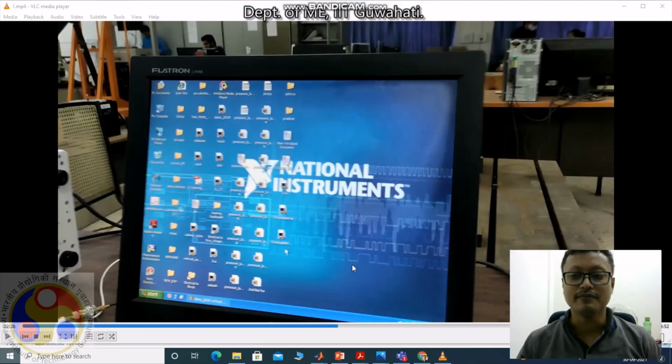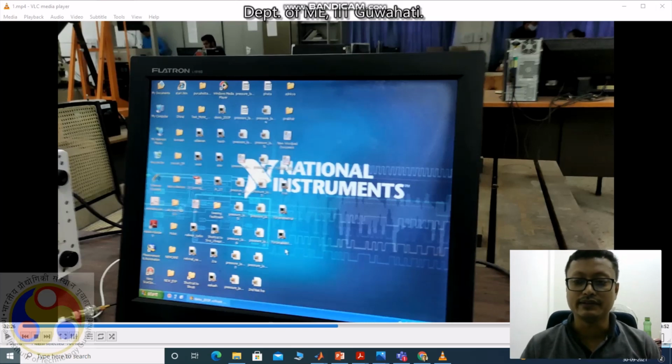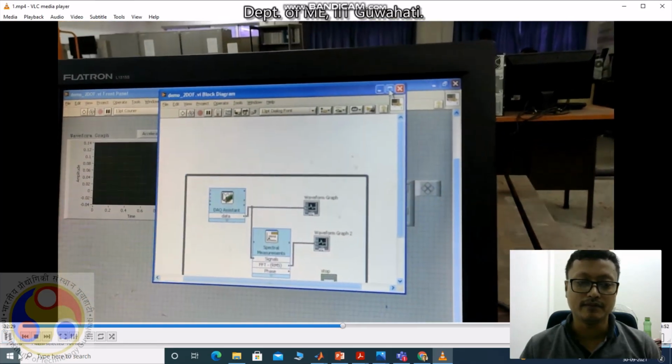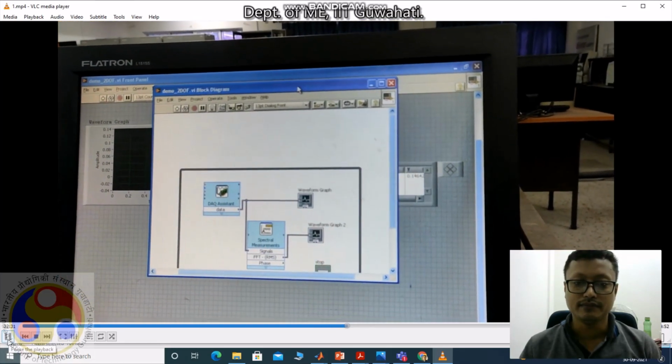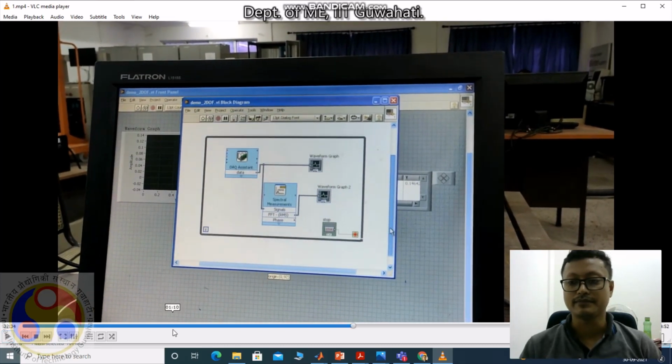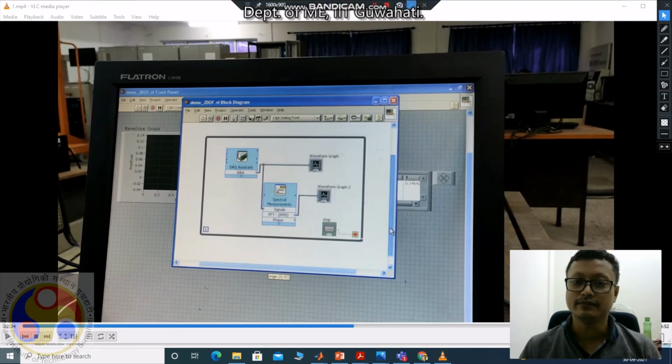In the PC we have already made a block diagram for collecting the data from the accelerometer. So let's play the video. You need to open the PC, and this is our block diagram. This block diagram is the same as I showed in the experiment of free vibration of a cantilever beam. Here also we are using one DAQ block, one measurement block.